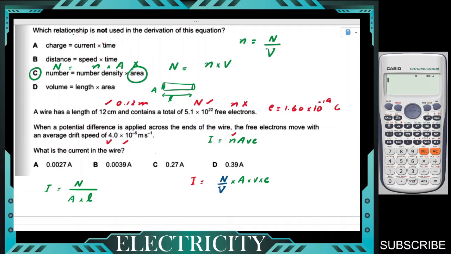A cylinder is also a prism, which we call a circular prism, times A as it is, times v as it is, times e as it is.